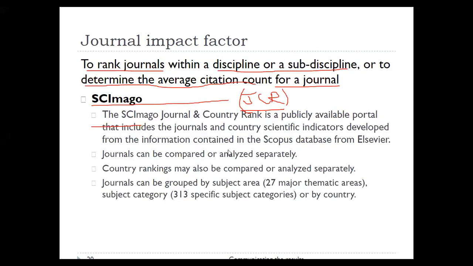Another one is SCImago. SCImago journal and country ranking is publicly available, right?